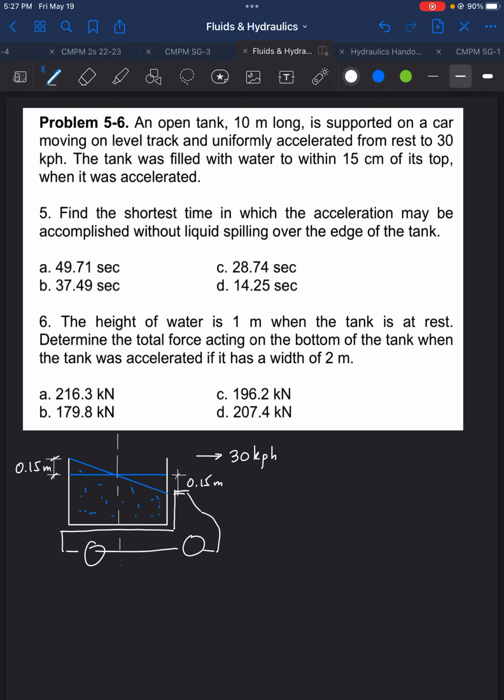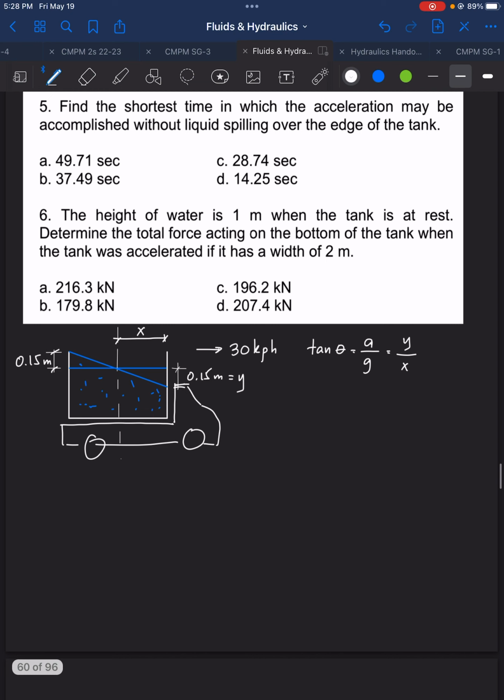Let's name this as y. So the rise and fall of the water becomes y, and let's name this as x. From the formula, we have tangent theta is equal to the acceleration over the acceleration of gravity, equals the rise of the liquid over the horizontal distance from its point of symmetry.